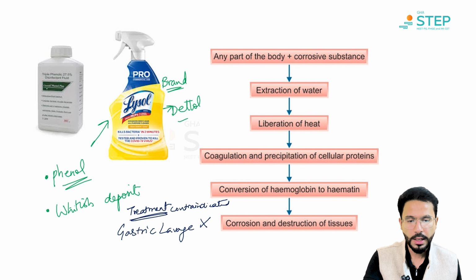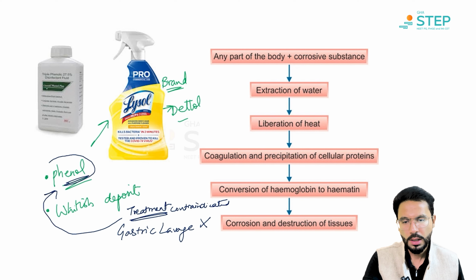It should not be done in corrosive poisons. Whereas, what is that one corrosive poison in which gastric lavage can be done? It is actually phenol. Phenol is also a corrosive poison, but here gastric lavage can be done because perforations and ulcerations are not there with phenol, whereas in other acids, those are more common.